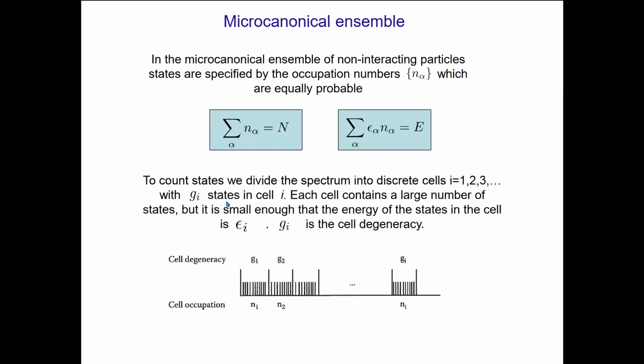And we will denote the number of states in the particular cell as G_i. So microscopically, each cell contains a large number of states, but macroscopically the energy of the states is approximately the same. This G_i is called the cell degeneracy, okay?